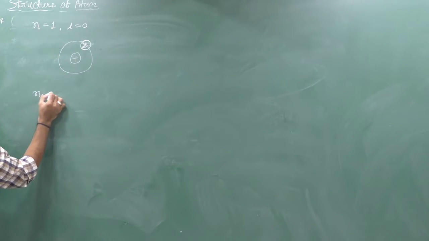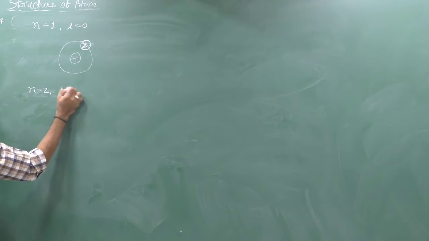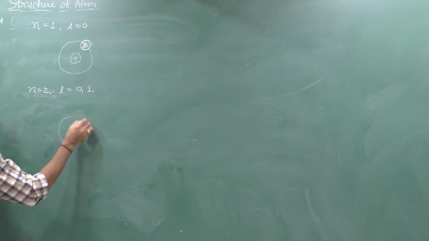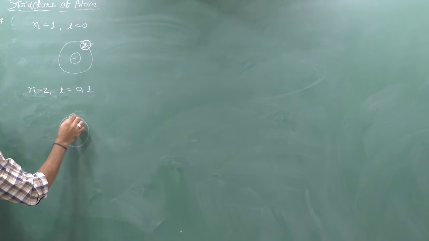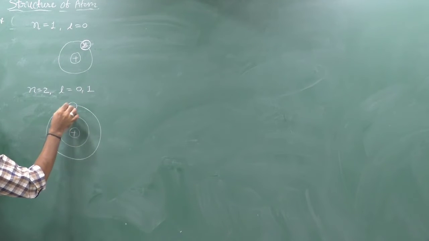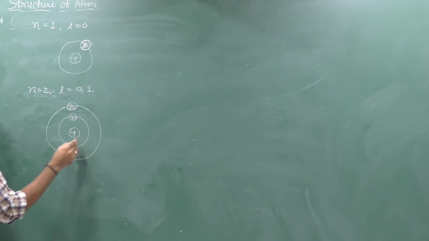Suppose n is equal to 2. Then what is the value of L? It is 0 and 1. Means that in the first energy level 1s is already there. The second energy level will have two orbitals, 2s and 2p.